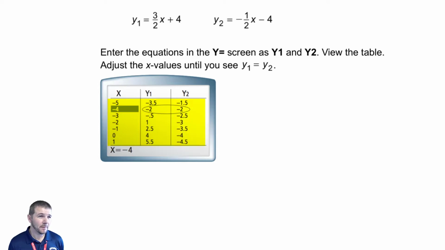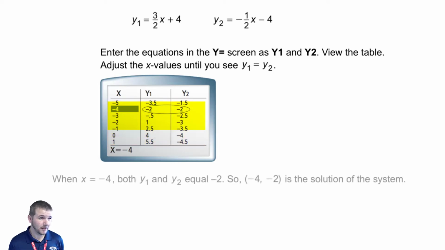So in the table, when x equals negative 4, highlighted here in the screenshot, both y sub 1 and y sub 2 equal negative 2. So we can see here we have a point in common. When x is negative 4, y is negative 2, and that would be the solution of the system. Again, we found the same solution, just using a very different technique and looking for the point that is in common between the equations.